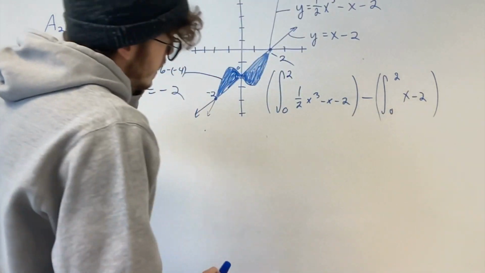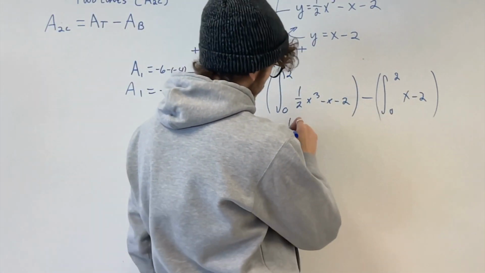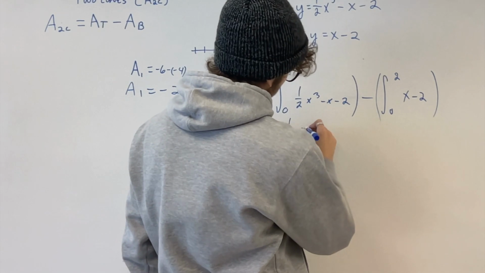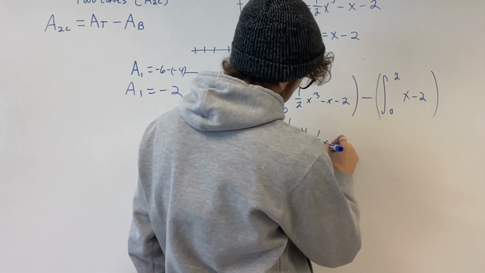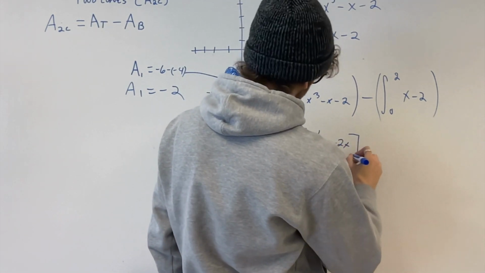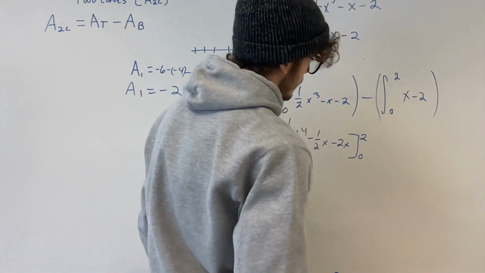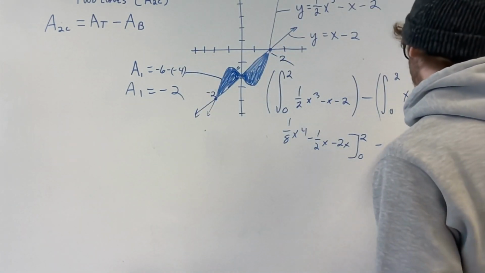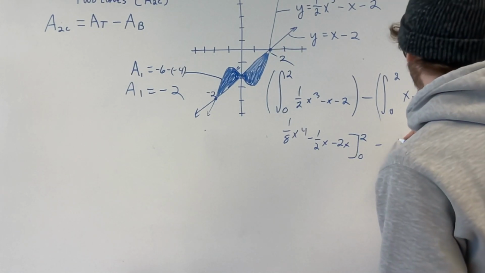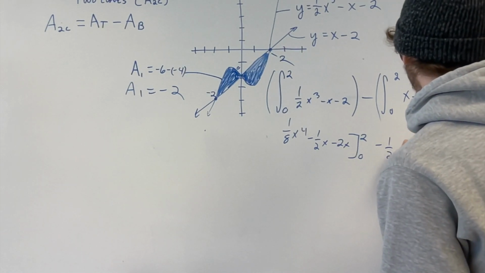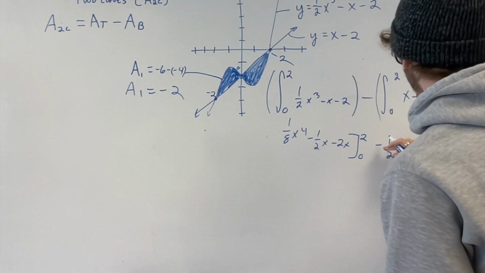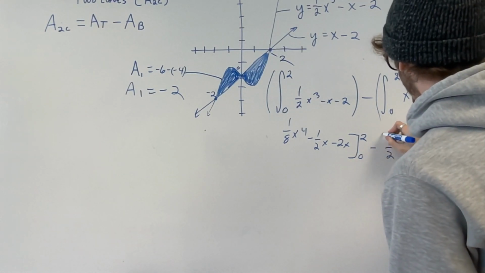So let's actually find the integral. We said that the integral was 1/8 x to the fourth minus 1/2 x minus 2x, evaluated from 0 to 2. Okay, and then we're going to subtract this by 1/2 x minus 2x, and we're finding that with respect to 0.